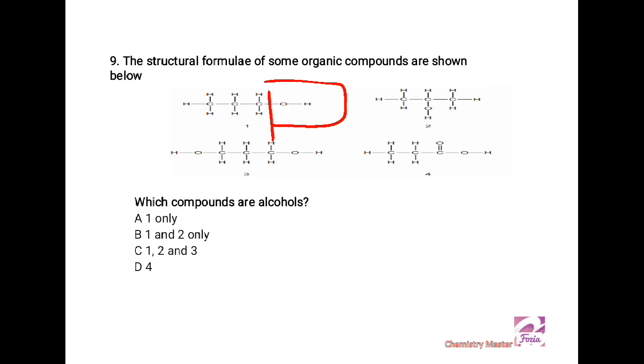Yes, it seems alcohol. Compound number 2, alcohol. Compound number 3, alcohol, but not compound number 4, because compound number 4 has a carboxylic group in it, COOH, so it must be classified as carboxylic acid. So the best option is C, 1, 2 and 3.